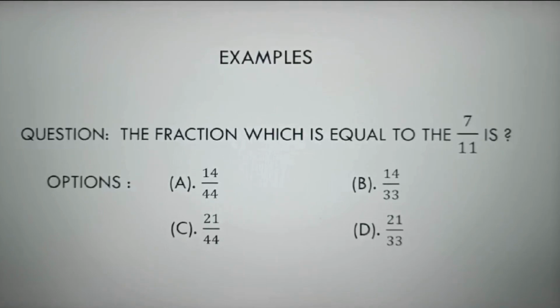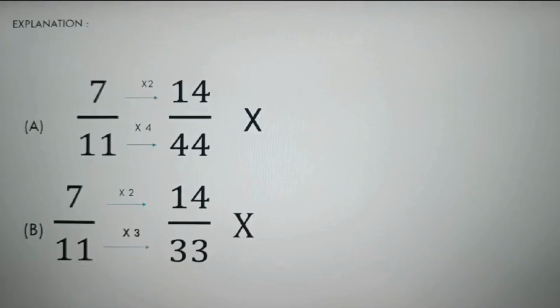This can be further understood with the help of an example. In this question, we are given the fraction 7 by 11, and the choices are A 14 by 44, B 14 by 33, C 21 by 44, D 21 by 33. Let us apply the previously observed concept.